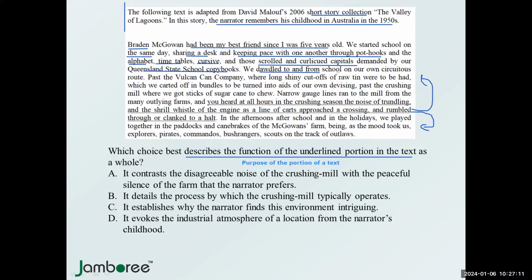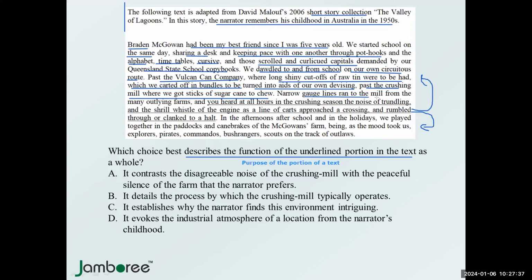We dawdled to and from school on our own circuitous route, past the Vulcan Can Company, where long shiny cutoffs of raw tin were to be had, which we carted off in bundles to be turned into aids of our own devising. Past the crushing mill, where we got sticks of sugarcane to chew.